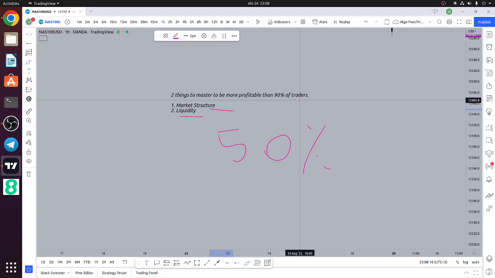They don't understand market structure, or they don't understand liquidity. But the more important of these two is liquidity. If you enter a trade and you are taken out several times, it's because your understanding of liquidity is very poor.